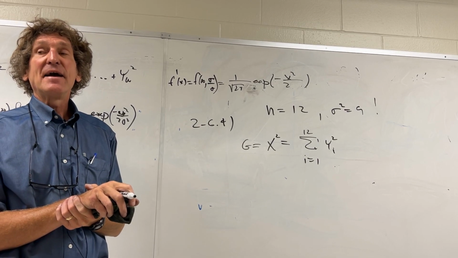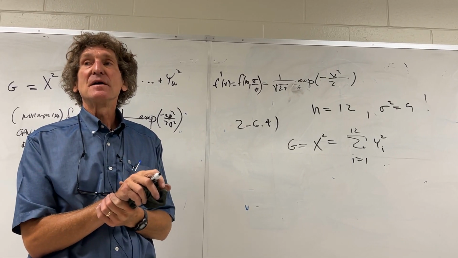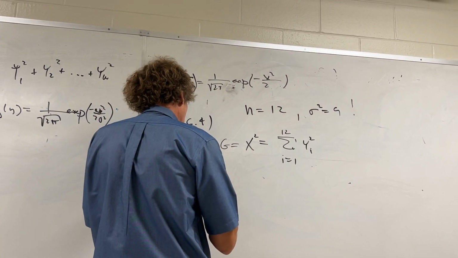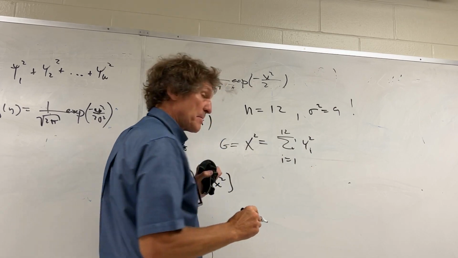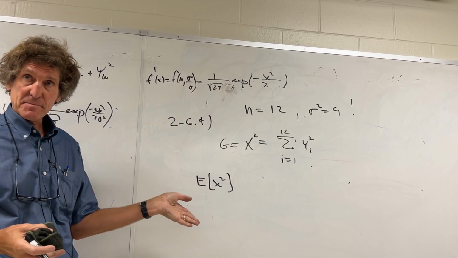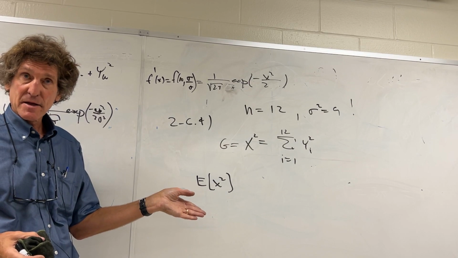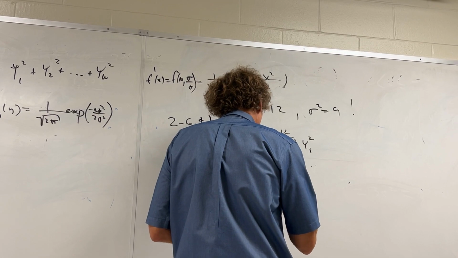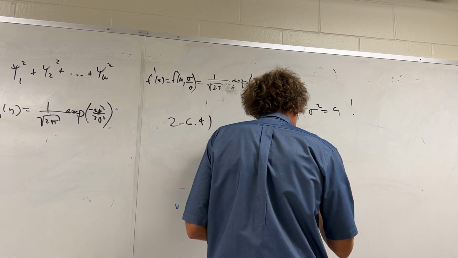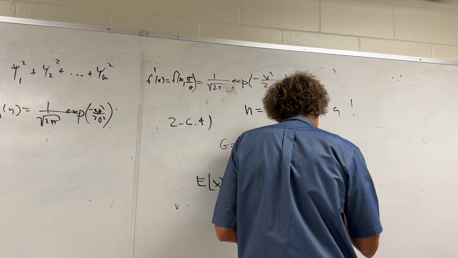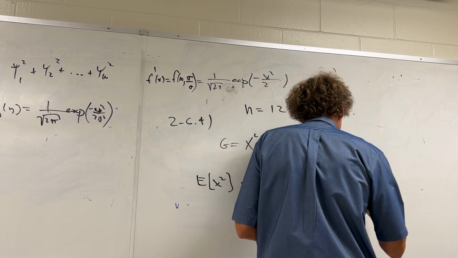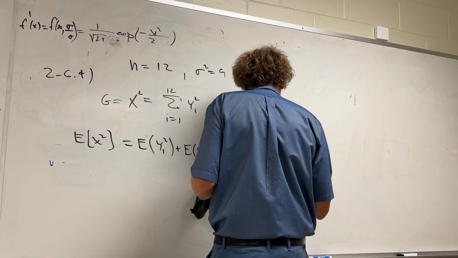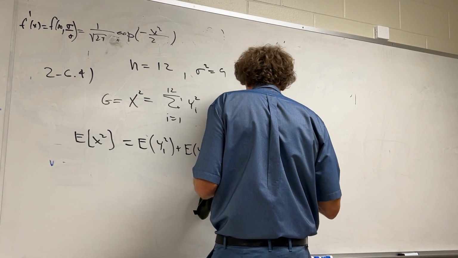All right, now, hear me on this one. What he really wants is the expected value of x squared, right? He wants the mean, that would be the expected value of x squared, correct? Now, if you look at this, that's the expected value of y1 squared plus the expected value of y2 squared plus, plus the expected value of y12 squared.